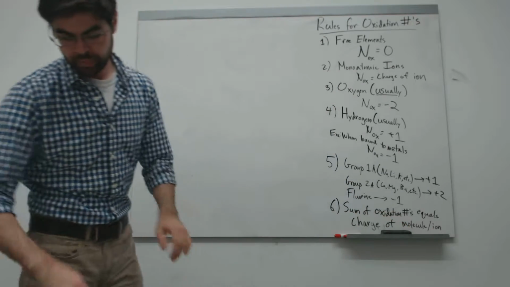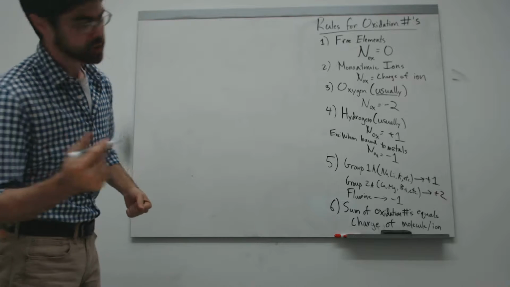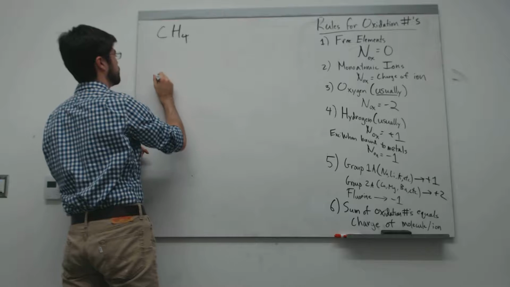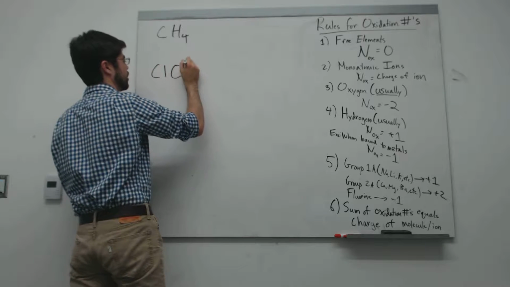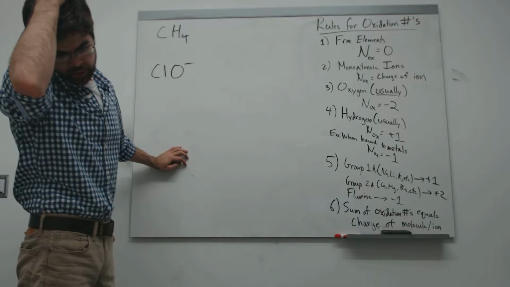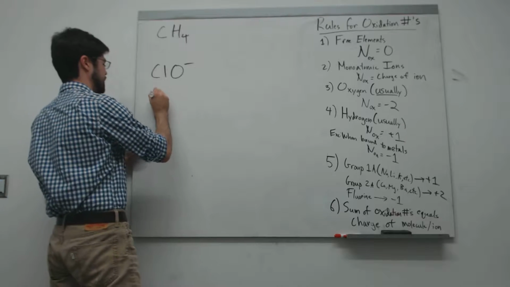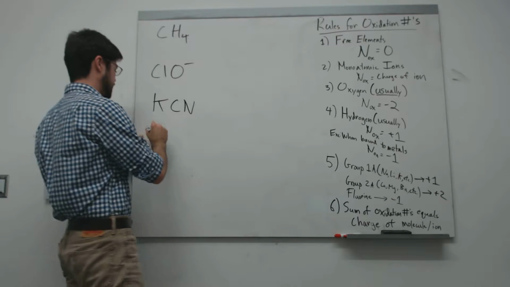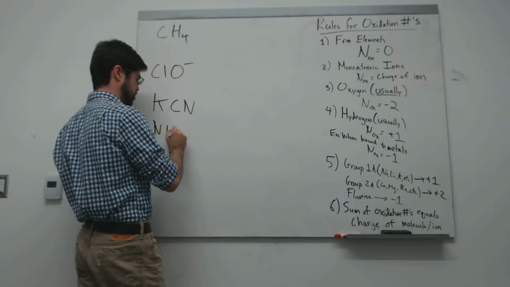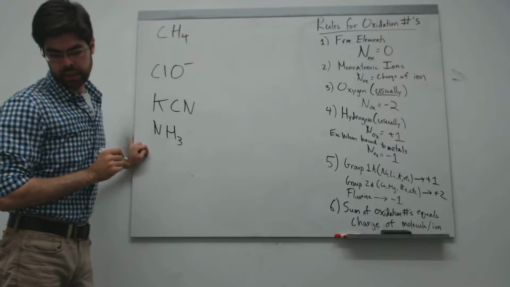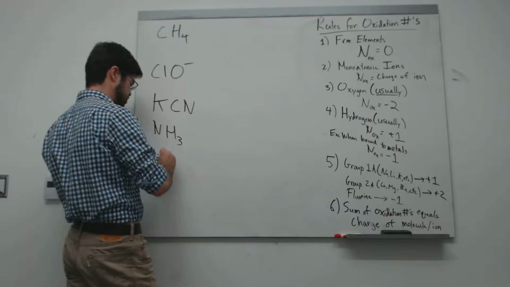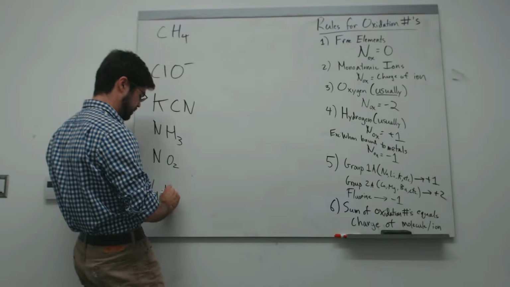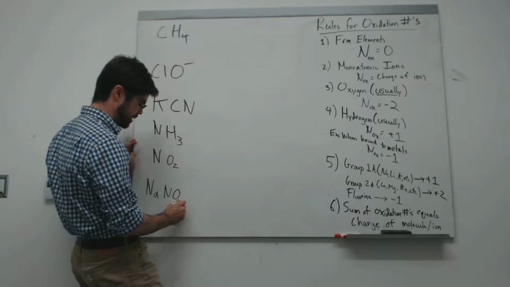So let me write up a few examples here. I was going to do this one. I'll do CH4, ClO-, potassium cyanide KCN, NO2, nitrogen dioxide, and then my last one I'll do is sodium nitrite.